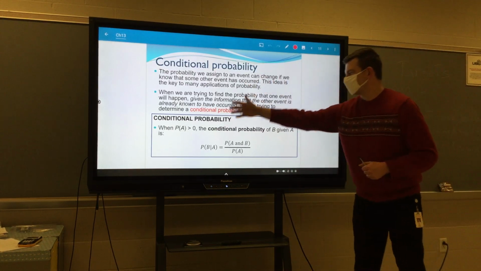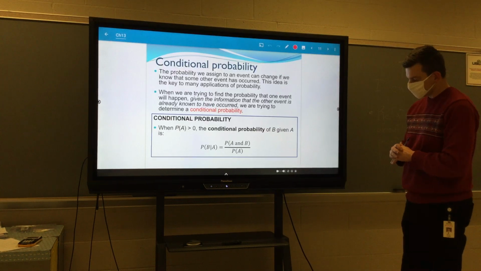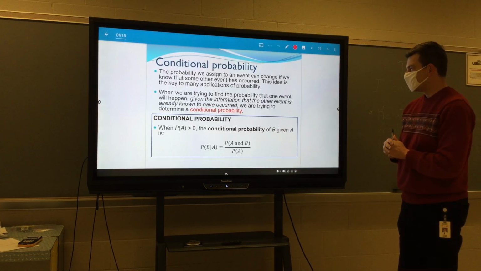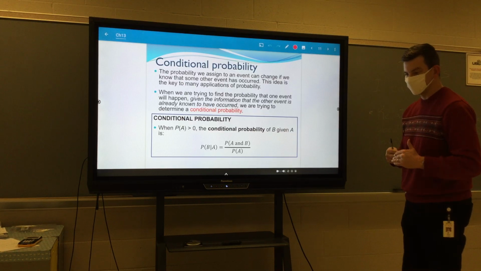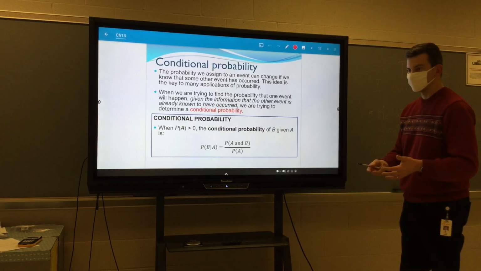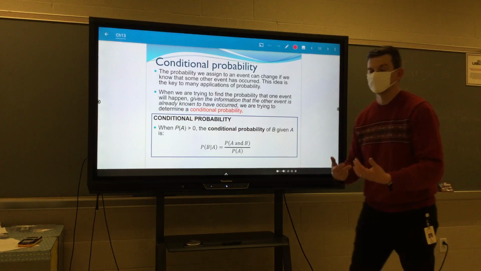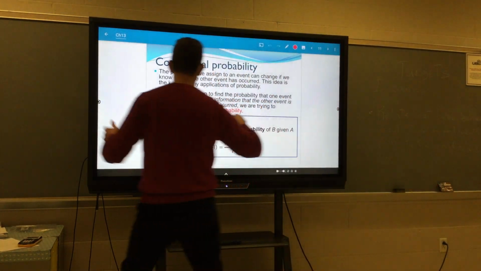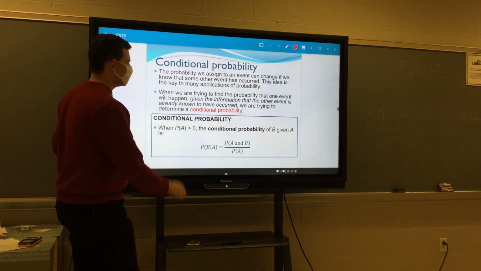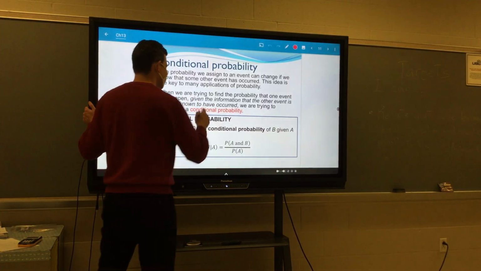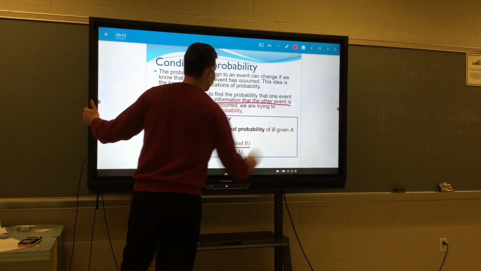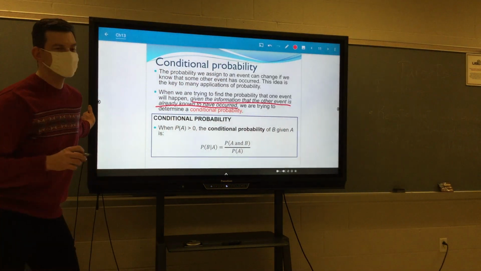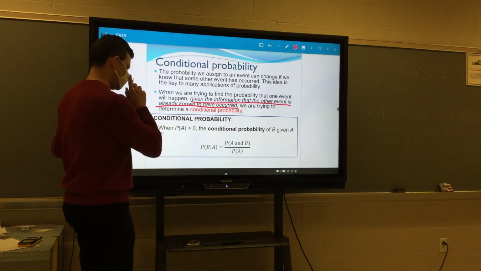So you can read through here, but essentially what conditional probability does is change the probability based off of more current information. When we are trying to find the probability one event will happen, given that the other event is already known to have occurred, we are trying to determine a conditional probability.